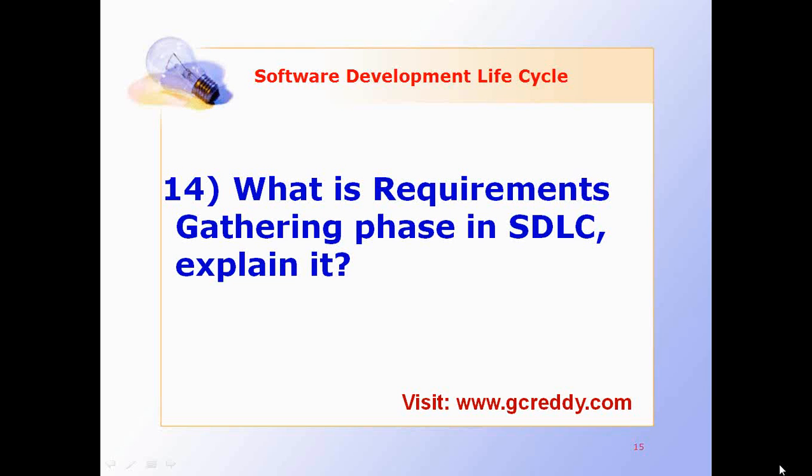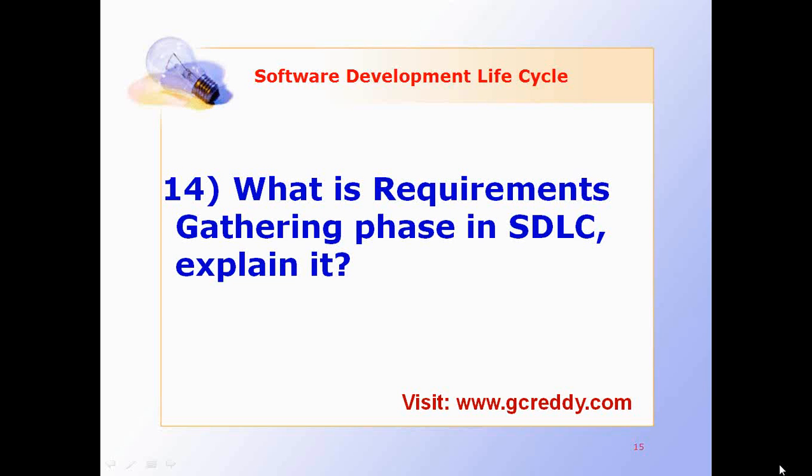See, the widely used term is BRS, Business Requirement Specification. Document names may vary from one company to another and one project to another, but the widely used and standard name is BRS, Business Requirement Specification.